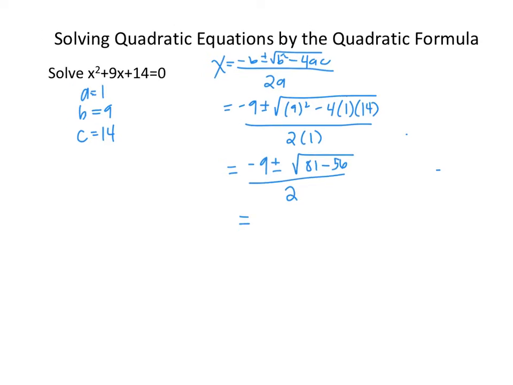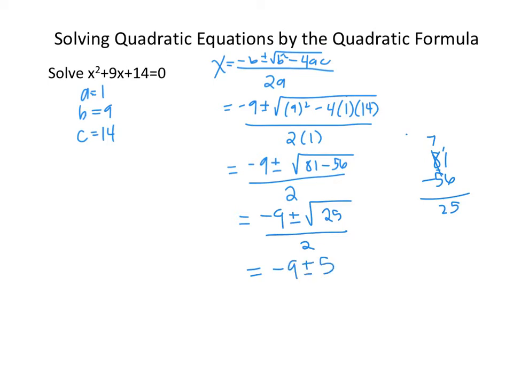Negative 9 plus or minus the square root of 81 minus 56, we have 25, over 2. I know the square root of 25 is 5, so I have negative 9 plus or minus 5 over 2.